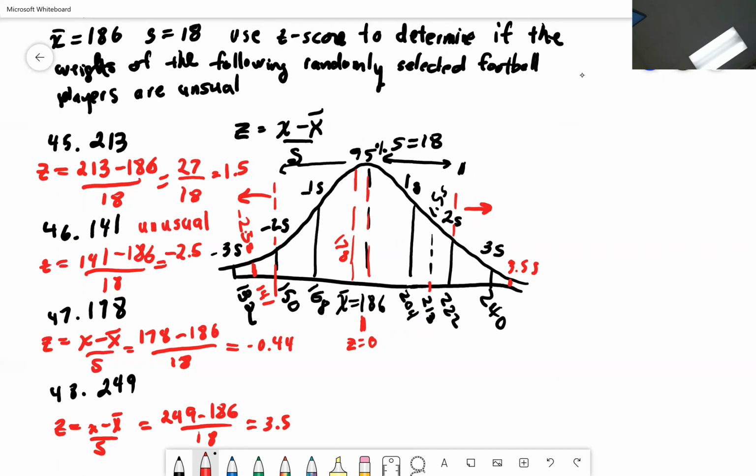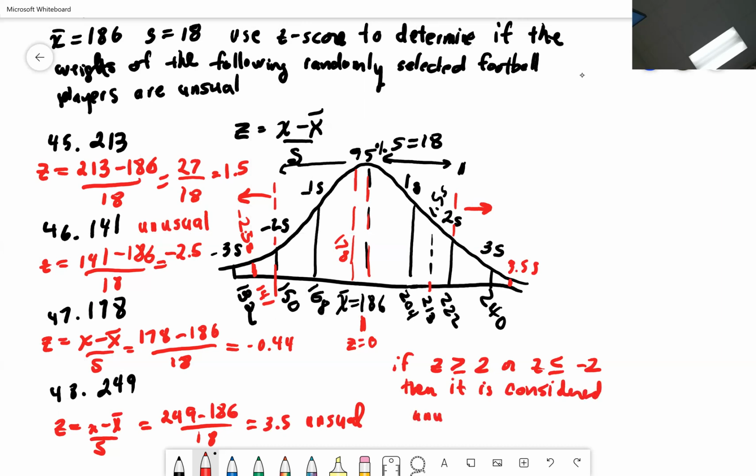The z-score stands for how many standard deviations a particular score is from its respective mean. It takes into consideration the mean and the standard deviation. And of course, this is definitely unusual. So remember, if the z-score is greater than or equal to 2, or less than or equal to -2, then it is considered unusual.